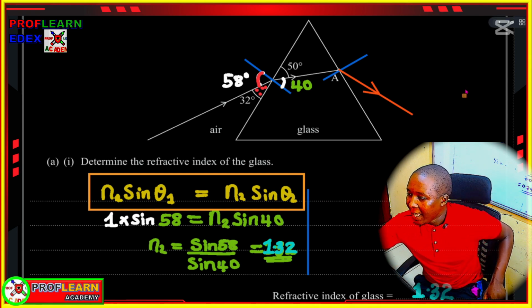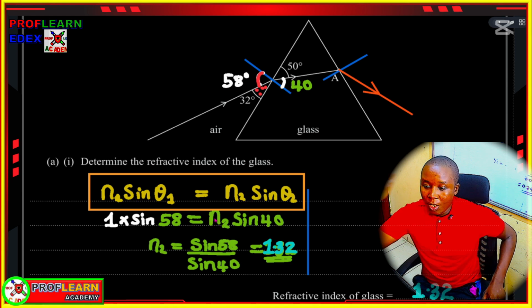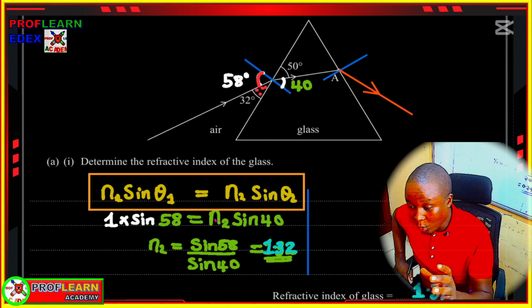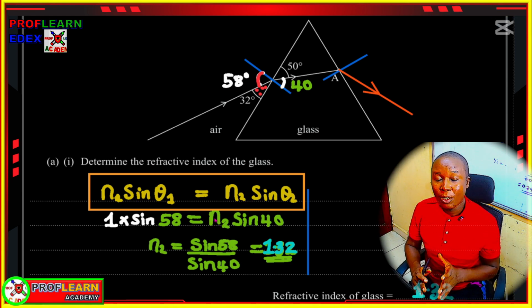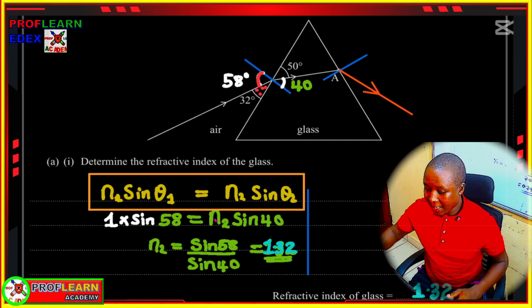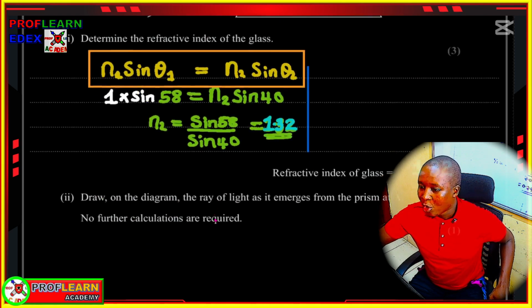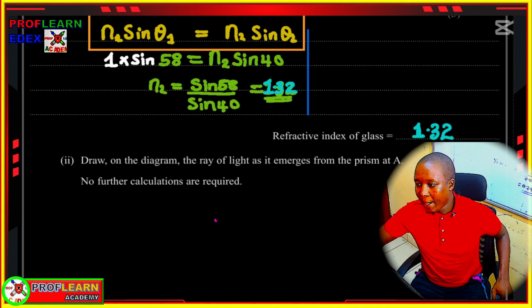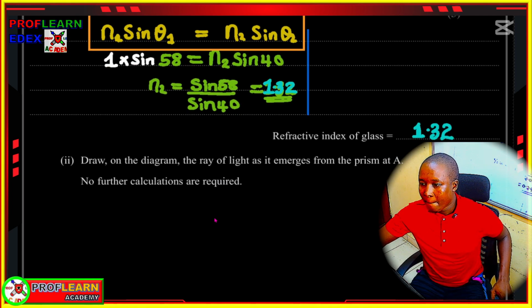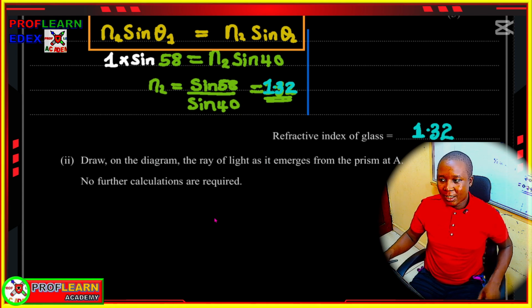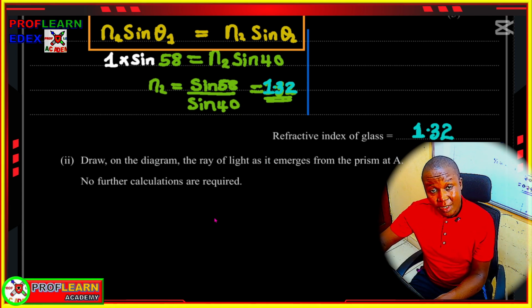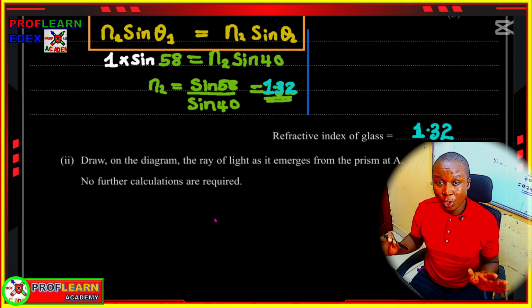So in this case, N1 is the refractive index of air, and theta 1 is going to be 58, should be equal to N2, which is the refractive index of glass, which we are looking for here, and theta 2 is 40. Now substituting that and working it out, you are going to get your answer equivalent to 1.32. And you need to realize refractive index is a ratio, so it has no units.